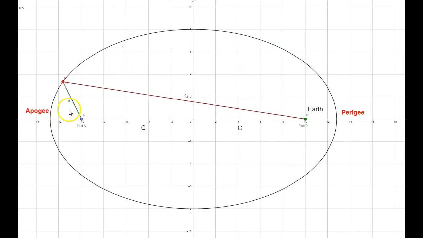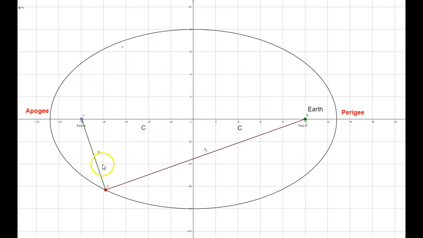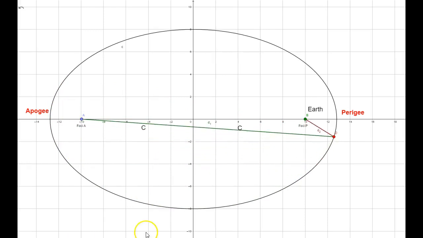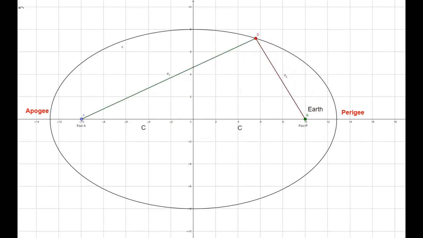Now, you'll notice there's something very special. Let me pause this for a moment. There's something very special about D1 and D2. As D rotates about this ellipse, the sum of D1 and D2 remains the same.